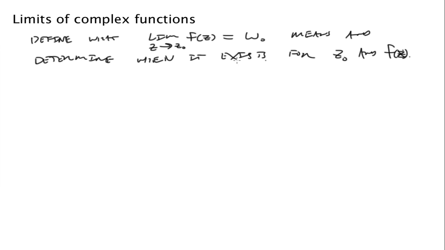Okay? So the idea is that not all functions have limits at every value, but when they do, we want to be able to determine when they do, and also determine what the meaning of this statement means. All right.